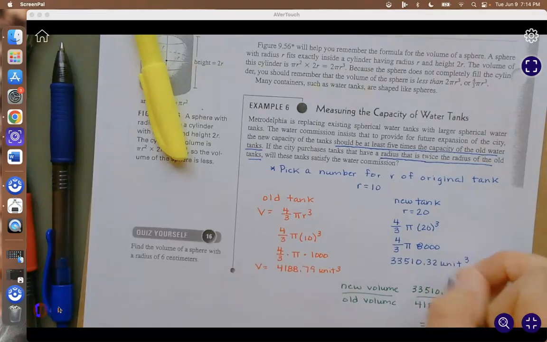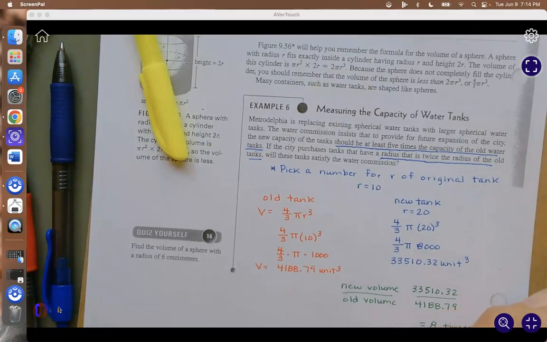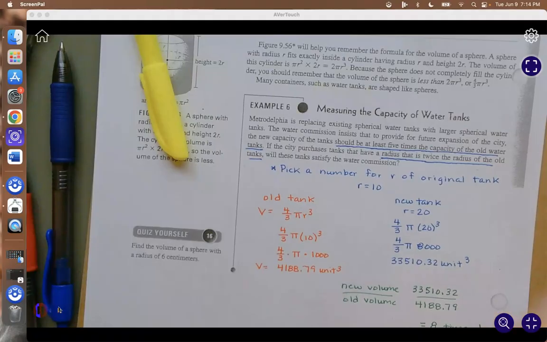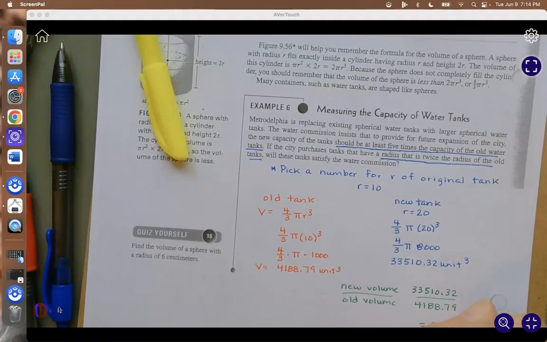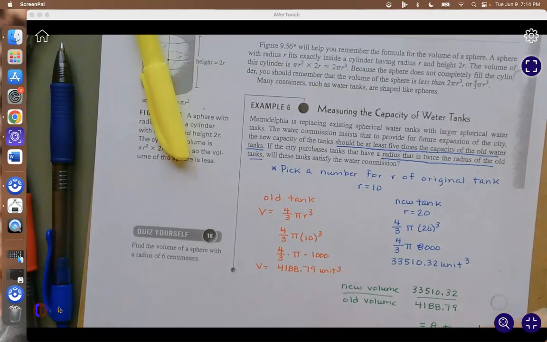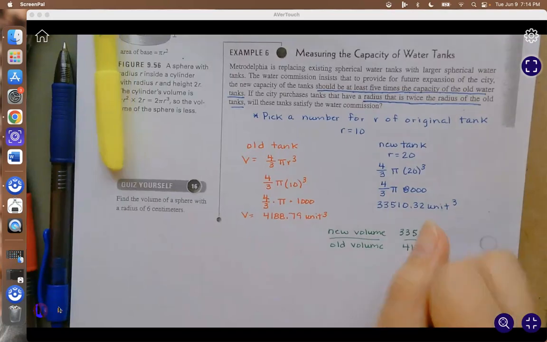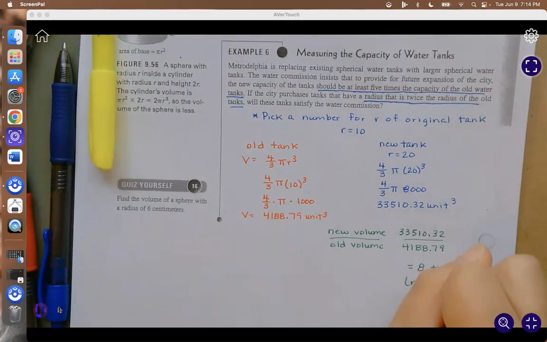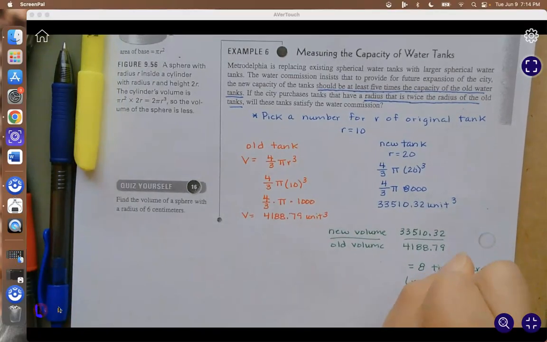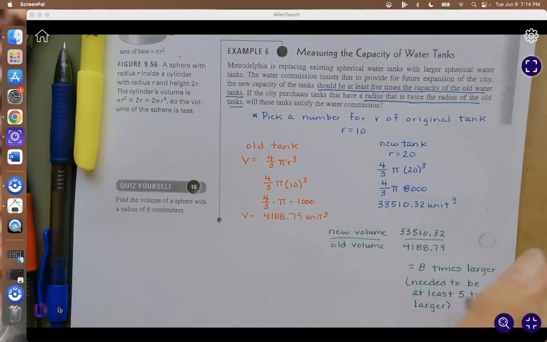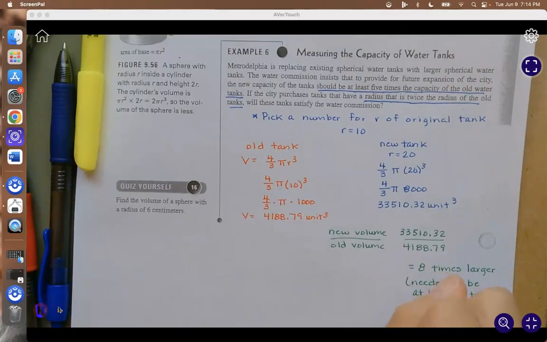So this is 8 times larger. Needed to be at least 5 times larger. So yes, they will be happy.